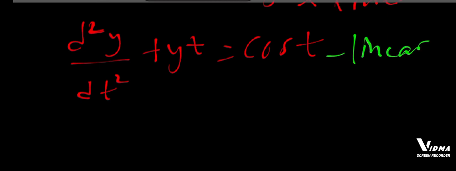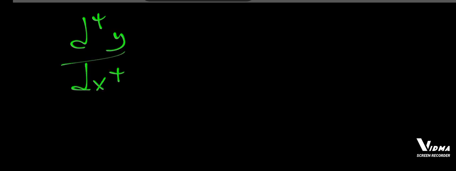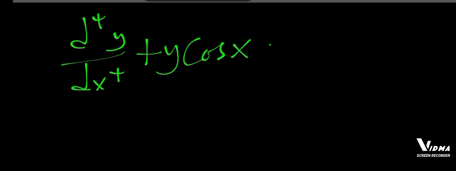Let's look at the third one. The third one says d4y over dx4 plus y cos x is equal to e to the x. You can pause and check whether it's linear or non-linear.